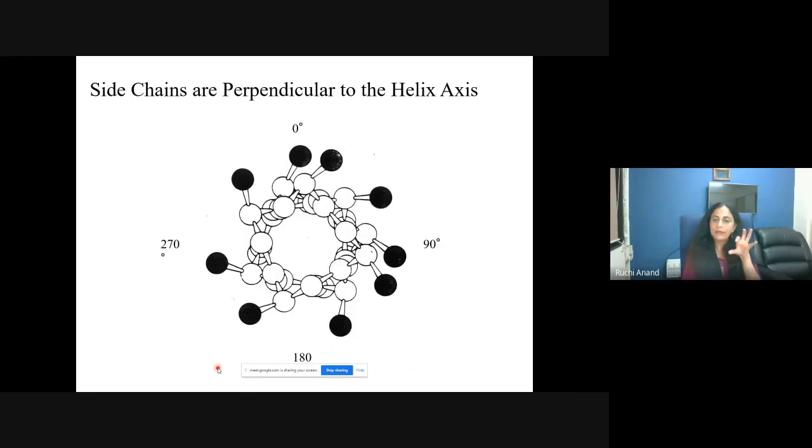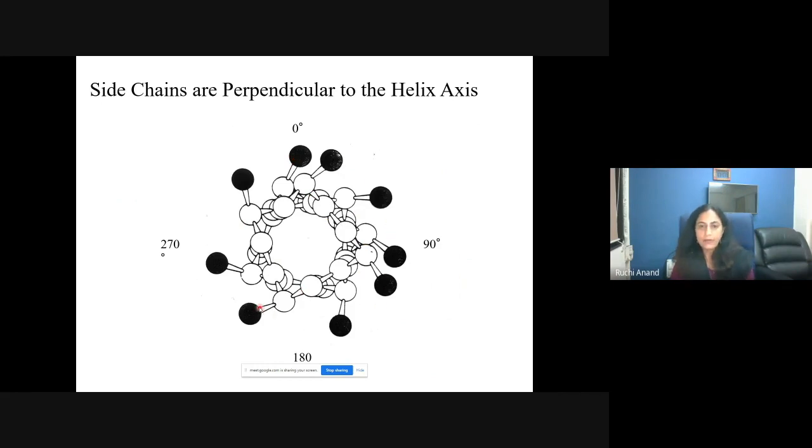When you look down the helix axis, along the length, the helix will look like this, and then you turn it and you will only see the open face of the helix, and it goes all the way down. These are the C alphas, and you can see how all the amino acids have been arranged.